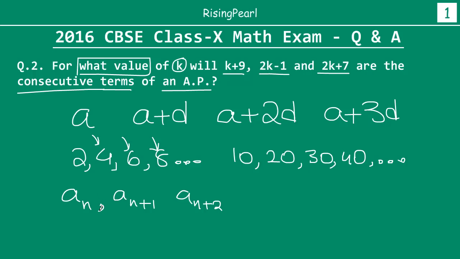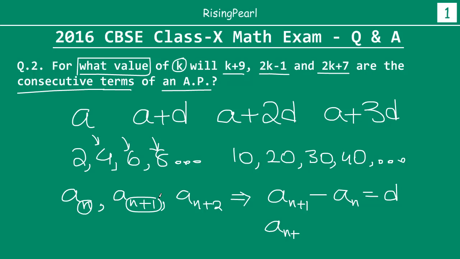If these are 3 consecutive terms of an arithmetic progression, then a n plus 1 minus a n is going to be equal to the common difference, which is going to be the same as a n plus 2 minus a n plus 1, right? So this is the nth term, this is the n plus 1th term, and this is the n plus 2th term.